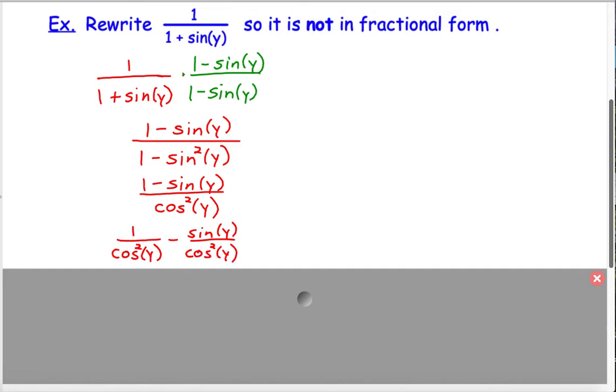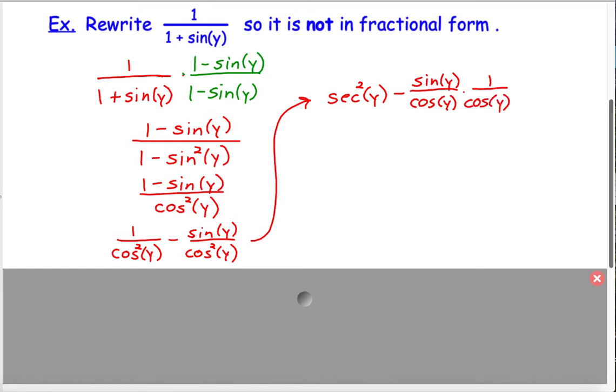All right, so let's take that first fraction. 1 over cosine squared is secant squared. No more fraction. That's good. Now what about the second one? I have a sine over a cosine squared. Maybe if I split that up, a sine of y over cosine y times 1 over another cosine of y.